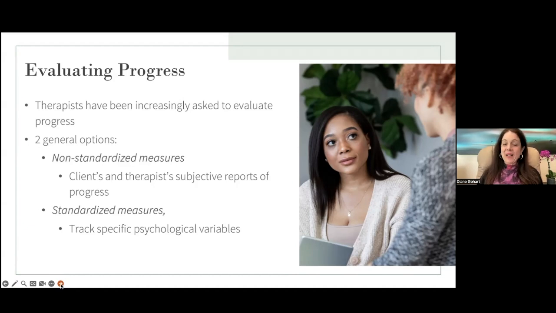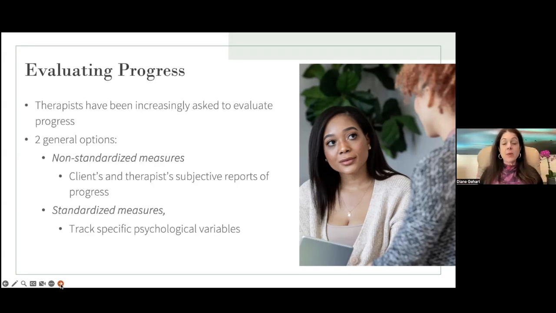I would say that they offer a different and important perspective, and they can be very, very useful. But you have to put all these data points together to get the full picture: what the therapist is subjectively saying, what the client is subjectively reporting, and what the standardized measures are telling us. So always think of this as having multiple data points, and ideally they all line up.